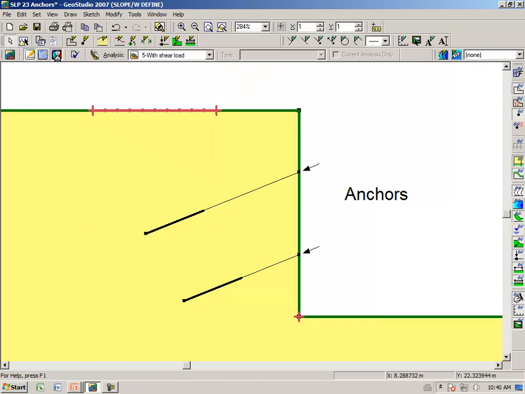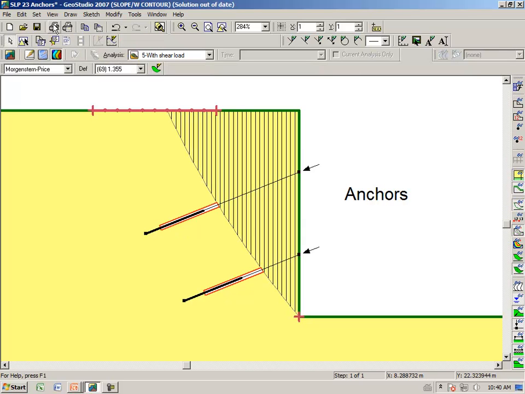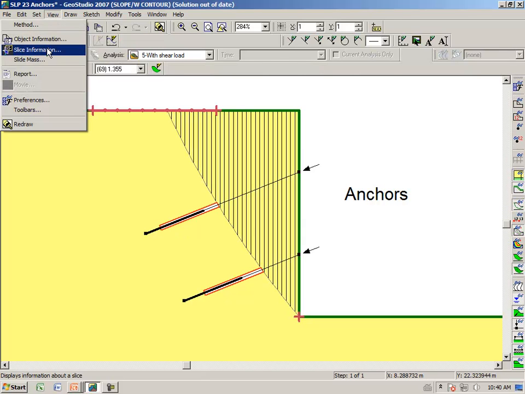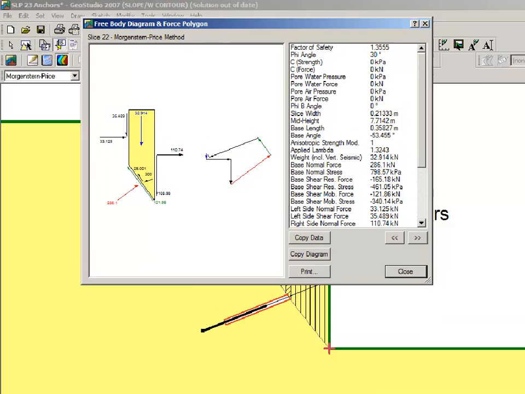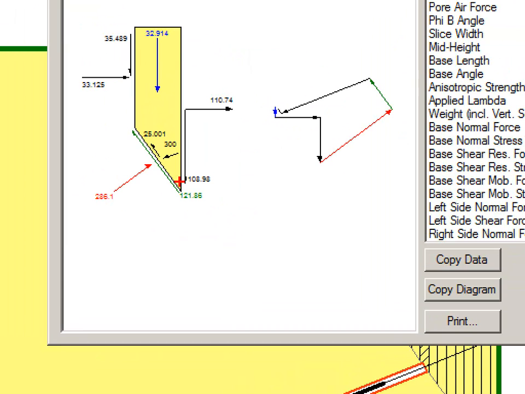If we go to the Results view and we go View, Slice Information, and we look at the slice that encompasses the lower anchor, we now see that we have the anchor force here of 300, but we have this additional shear of 25. 50 divided by the spacing of 2 is 25.